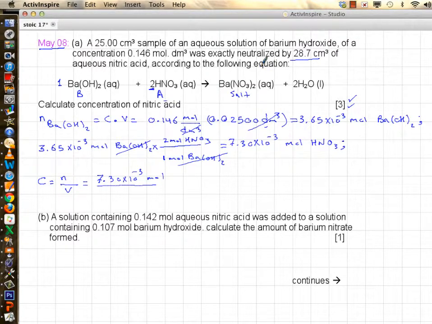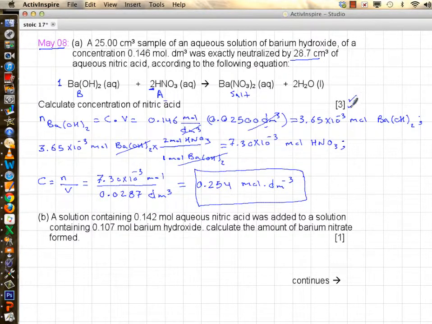I take 3 decimal places to the left, which is 0.0287 decimeter cube. When I do this division, you should also do it. You will get 0.254 mole per dm cube. Final answer and the final point of the 3-point question.